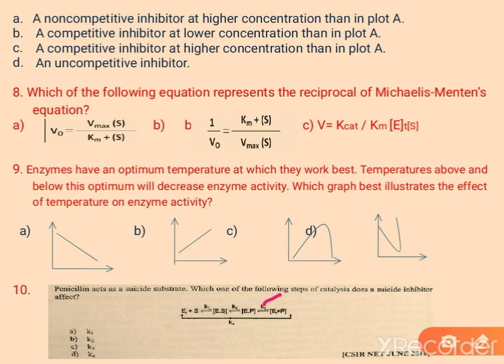It is a mechanism-based inhibitor. That is why it binds with the enzyme as a substrate, then produces the enzyme-substrate complex, but it inhibits the dissociation of the enzyme from it. So it will inhibit the K3 step. So the correct option is option C.